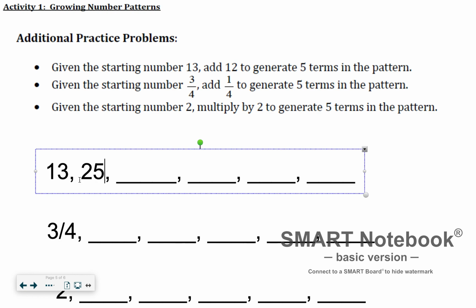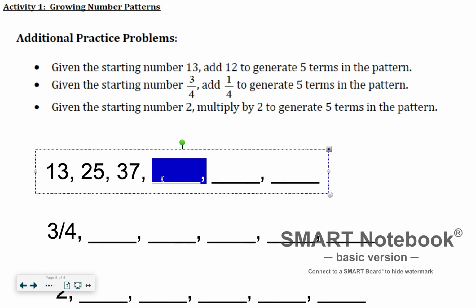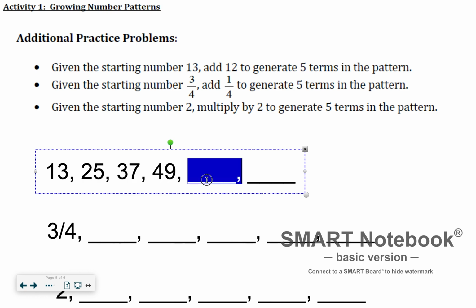We get 25. 25 plus 12 is 37. 37 plus 12 is 49. 49 plus 12, 61. And then 61 plus 12 is 73. So all you have to do is continue with the pattern.